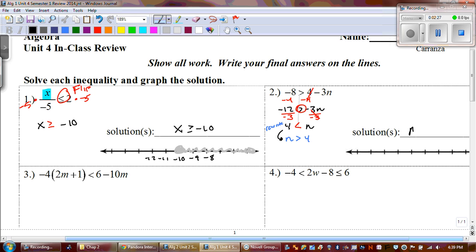Okay? So our answer is n is greater than 4. So we got 4, 5, 6, 3, 2. Are we open or closed at 4? We are open at 4, and we shade everything to the right.